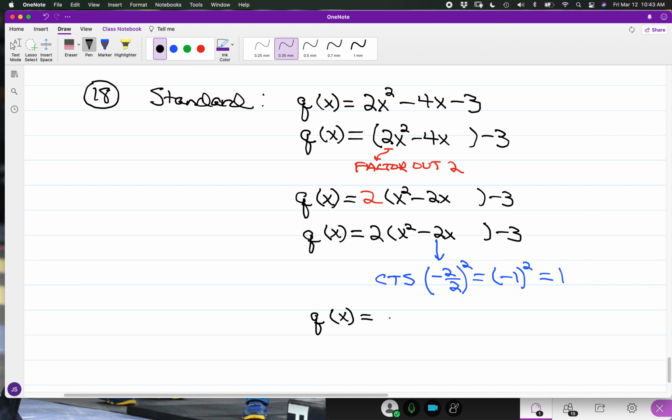And we have q of x, so we have 2 times the quantity of x squared minus 2x, and we'll have the addition of 1.